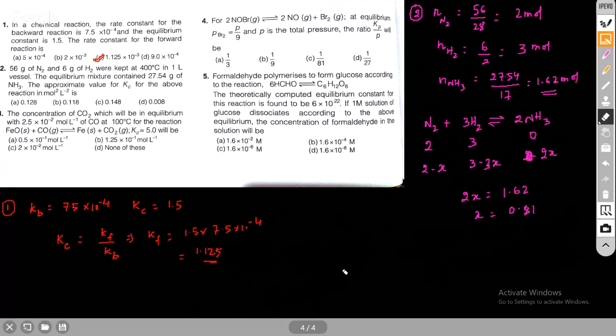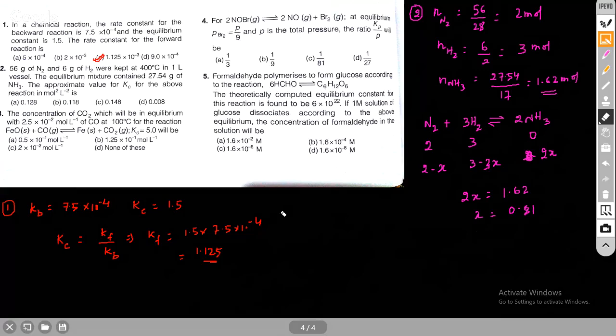Just a second. Let me cross check the answer first. Equilibrium concentration of N2 is fine because X is reacting.